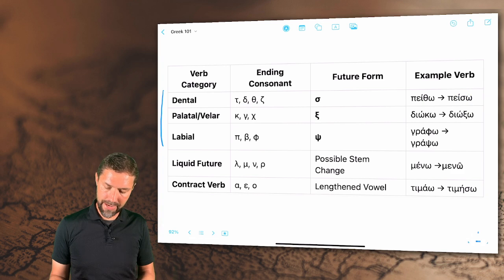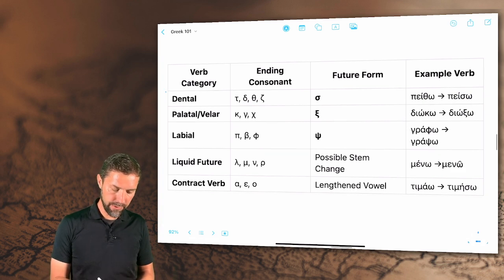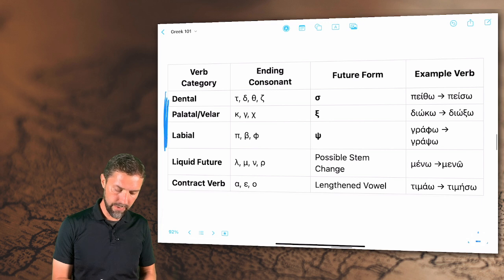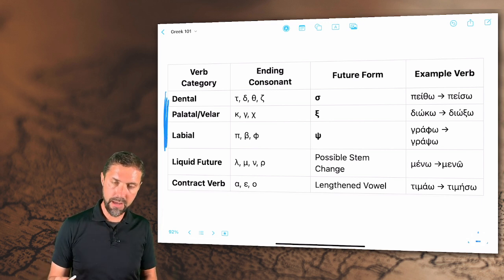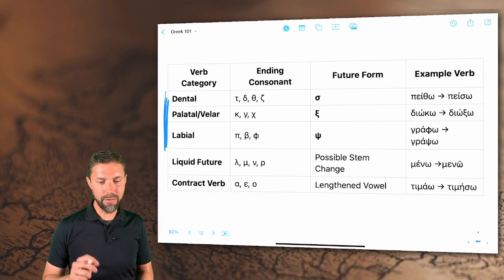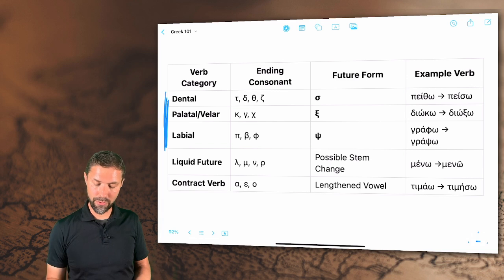Okay, that pattern, the handy thing, this pattern, especially these top three, and that's what you want to focus on for now, those top three, that pattern also accrues when we go across to the aorist. Okay, and you can, I think, see the logic on this.